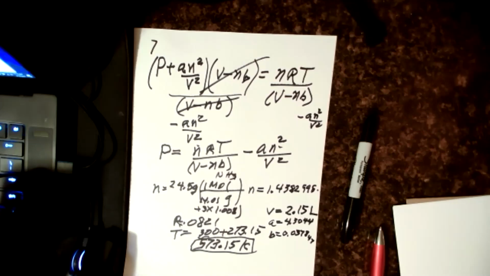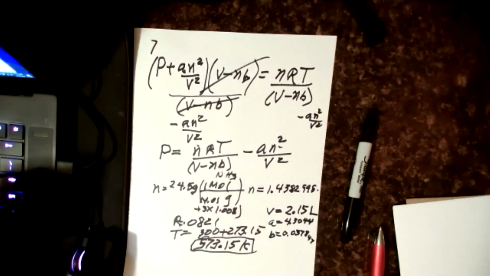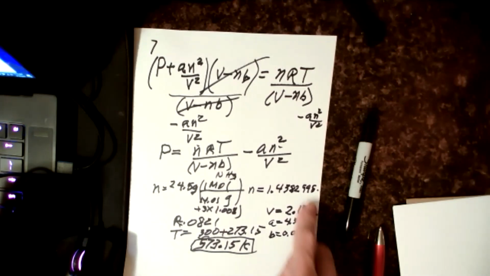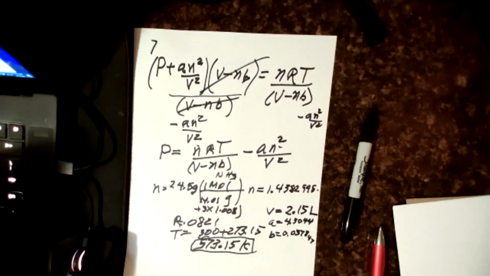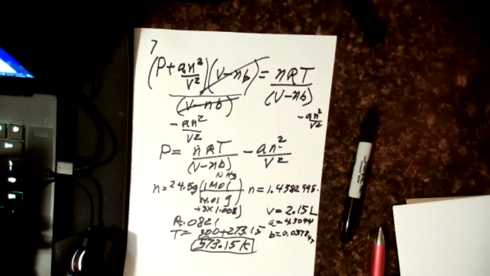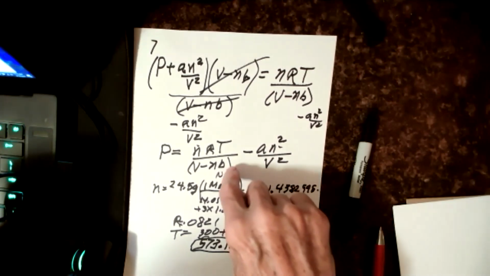I want to divide it by a left parenthesis. The volume is 2.15, 2.15 minus n, that's answer, second answer, n times B. And the B constant is 0.037847.